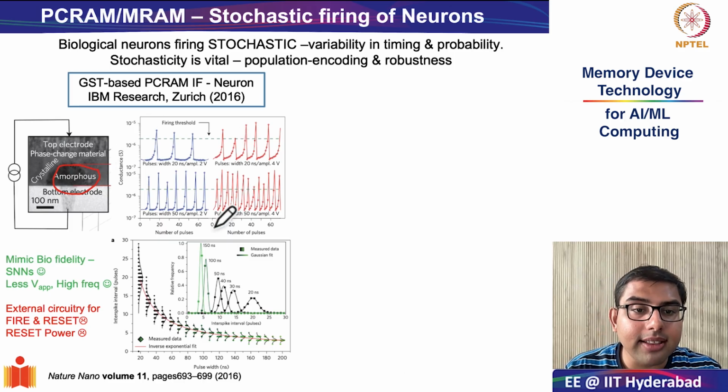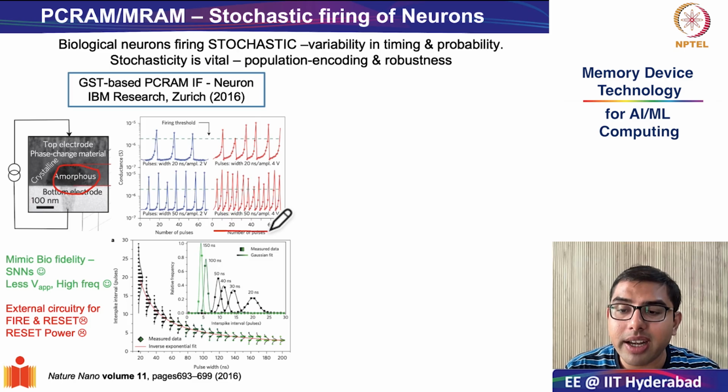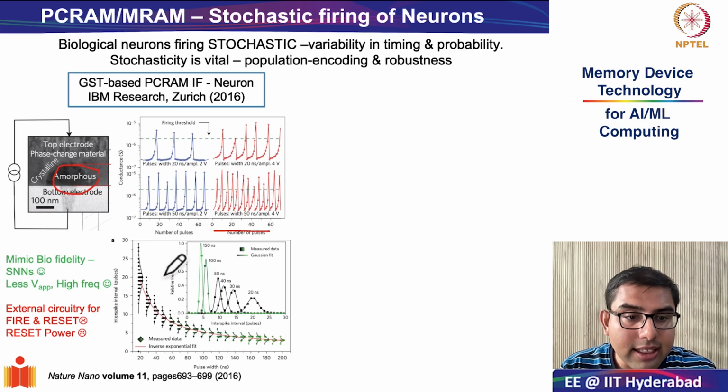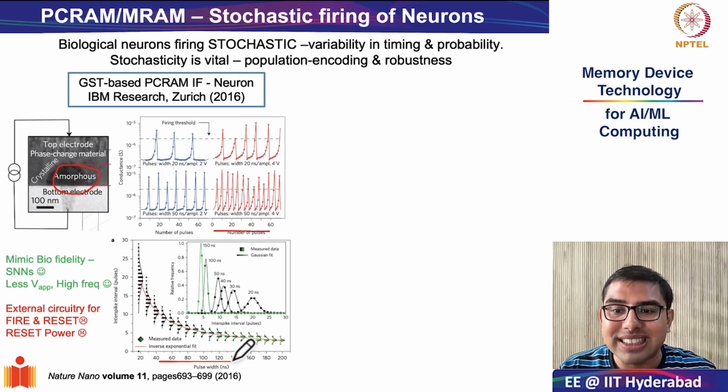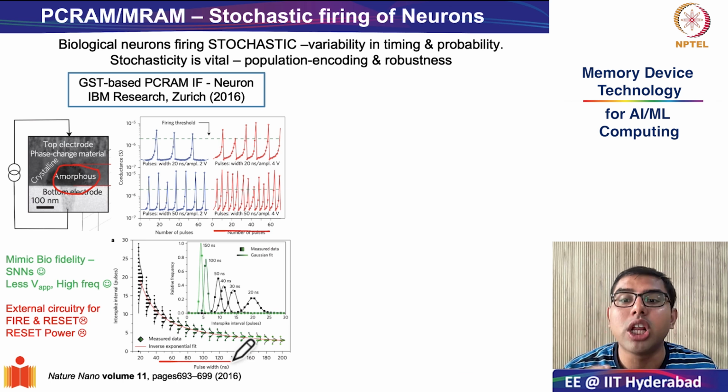So as you can see in the top plots, although the overall firing pattern is repetitive, the exact spike position shifts slightly across all trials, and the neuron doesn't fire exactly on the same pulse number each time. And in the bottom graph, it quantifies this variability. The interspike interval follows a Gaussian-like distribution, proving that randomness is rooted in material physics and not some external noise.